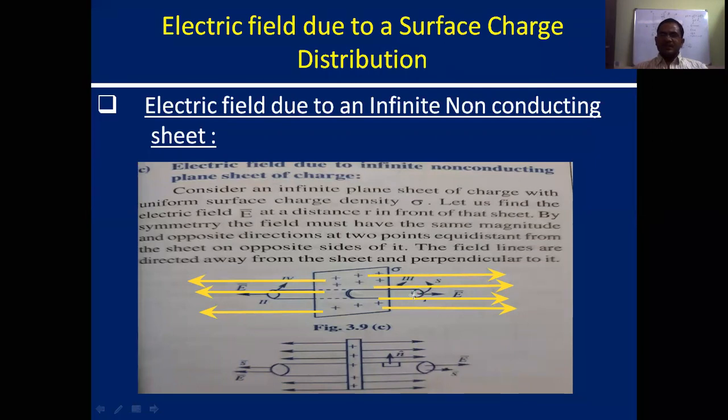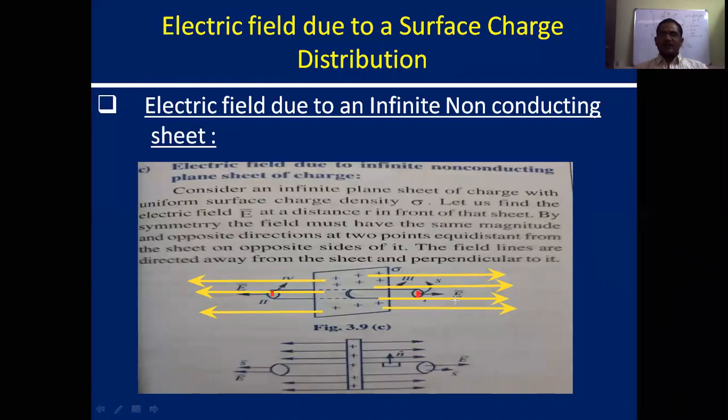This is the circular region 1. Here also circular region 2. The remaining is the curved surface region, so this is the 3 and 4. 1, 2 are the circular regions, that is the ends of the cylinder. The third and fourth are curved surfaces, right side and left side regions.